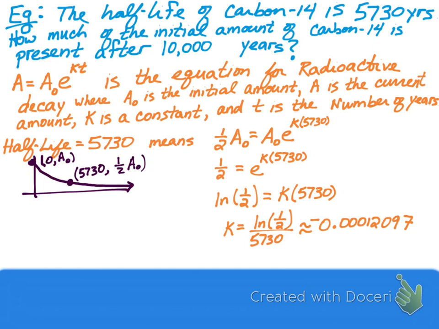So now the question is, what fraction of the initial amount is there after 10,000 years? So we're going to plug in t equals 10,000.